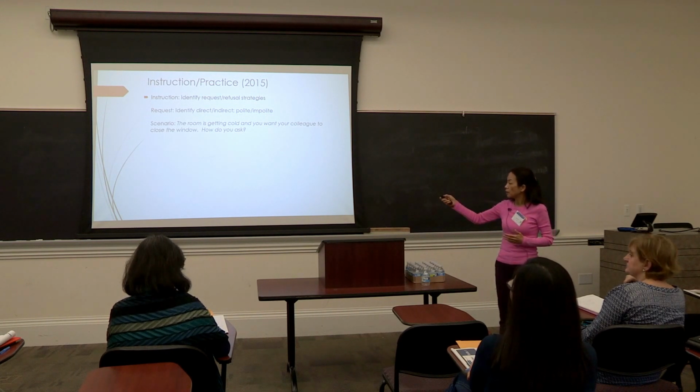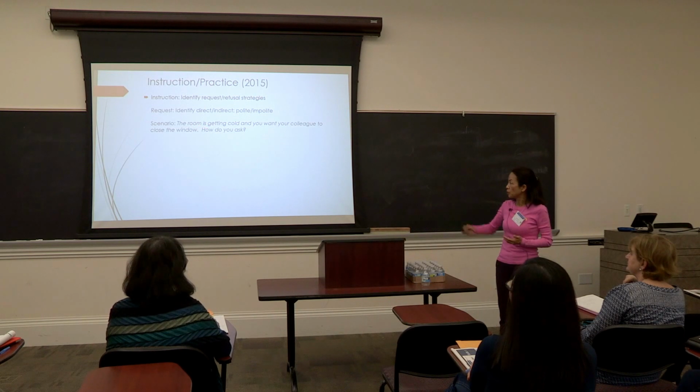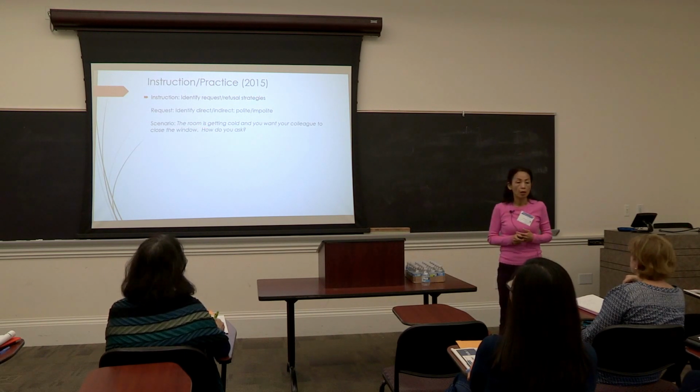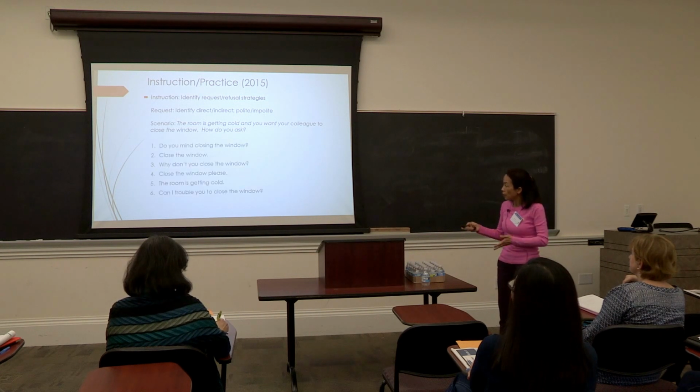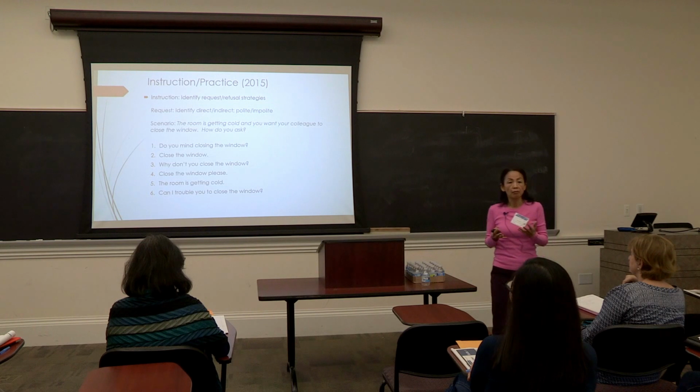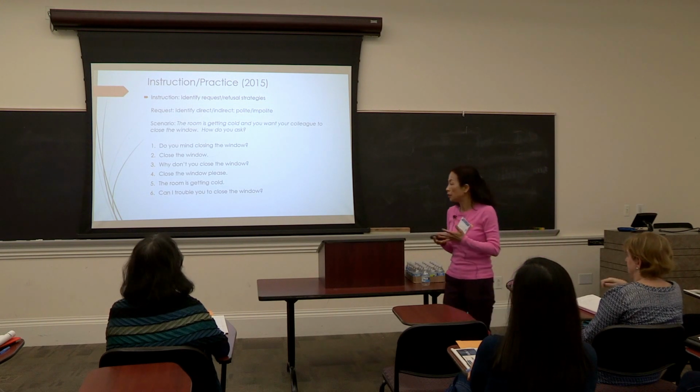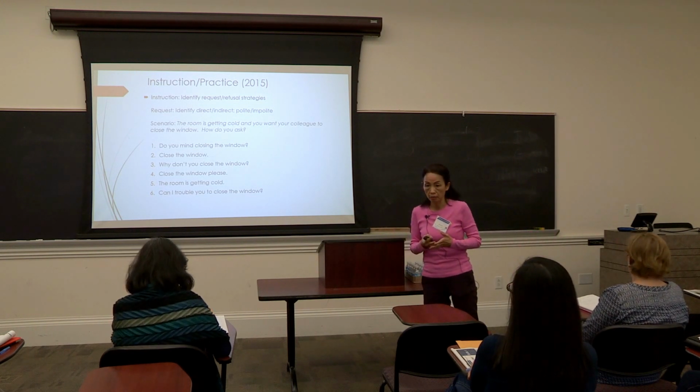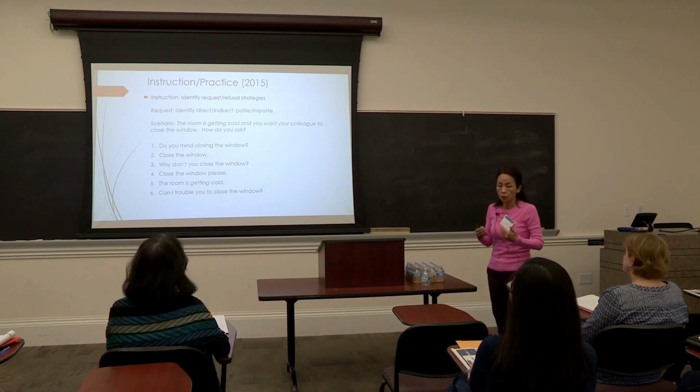For example, a scenario: the room is getting cold, you want your colleague to close the window. How do you say it? I show them the data we collect and guide students to identify the politeness or impoliteness. This is the instruction I used before.